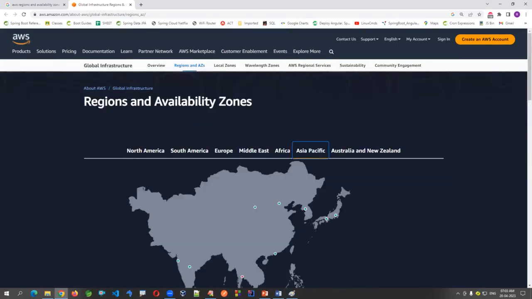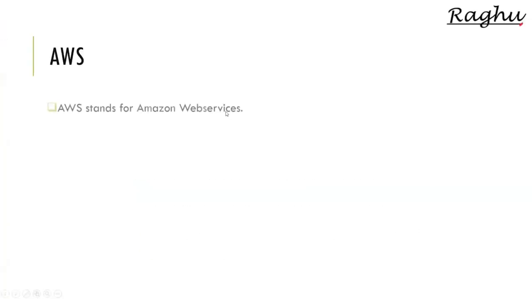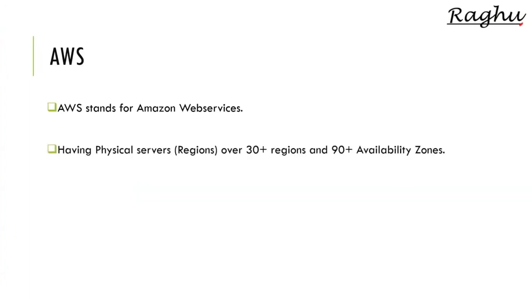So these are all available zones here. AWS, Amazon Web Services, is maintaining physical servers in different locations, over 30 plus regions, and the availability zones are 90 plus here.